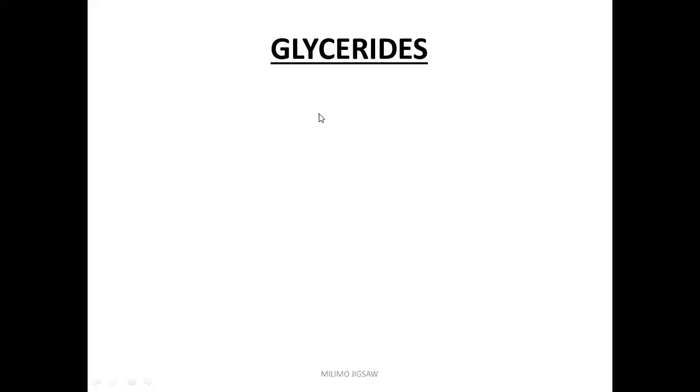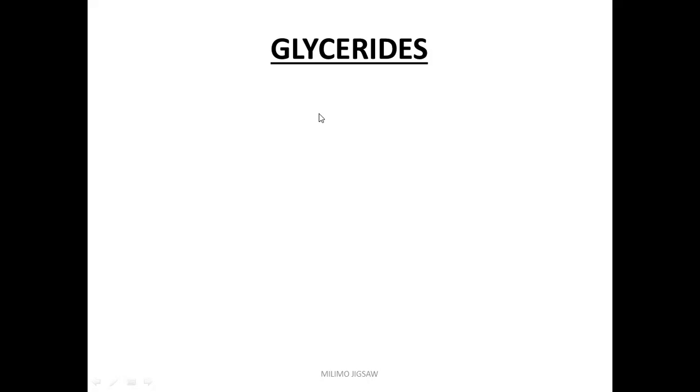Previously, we ended looking at glycerol. So now, under glyceride, we need to know that when we look at lipids, the most abundant lipids that we find in living organisms are actually triacylglycerol.